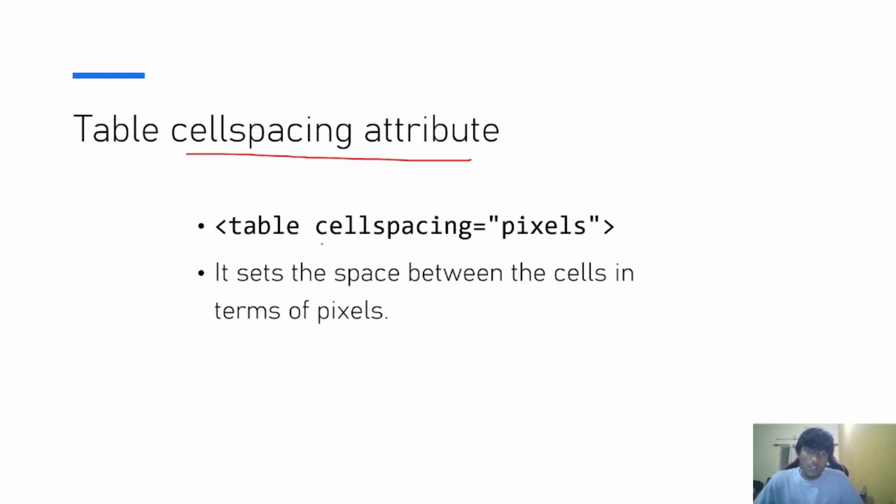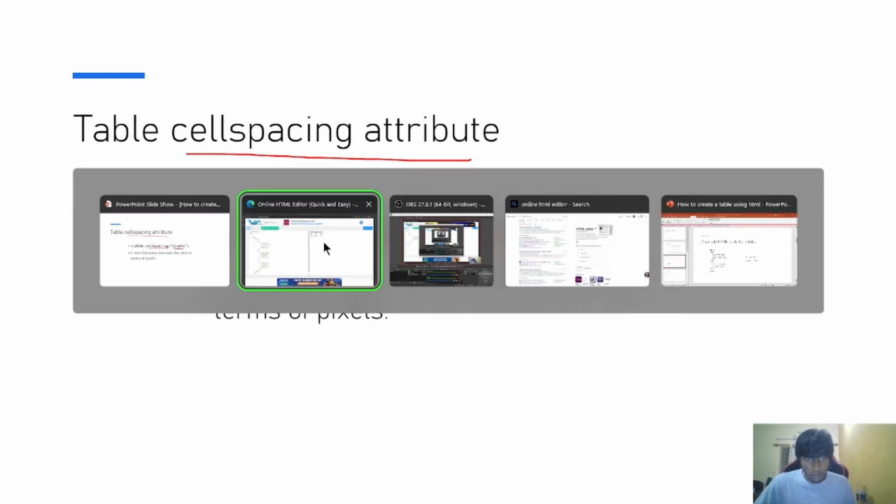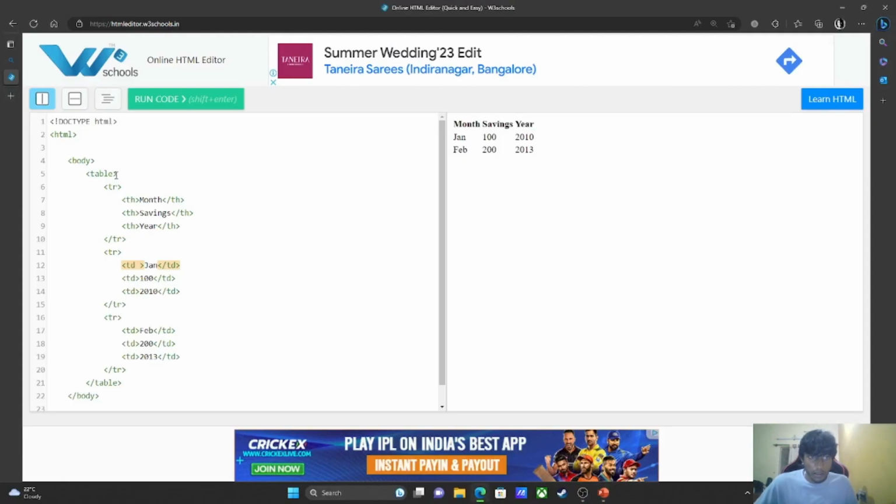Cellspacing attribute. The table tag has another attribute called cellspacing, and it takes in numbers, basically the pixel value. So it sets the space between the cells in terms of pixels. Now we'll see what this will do. So I have my table tag right here.